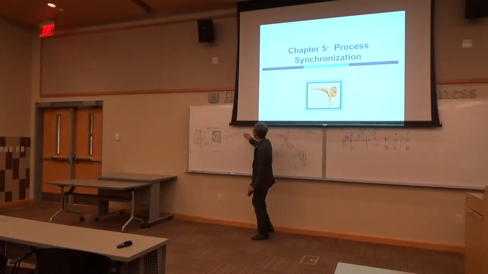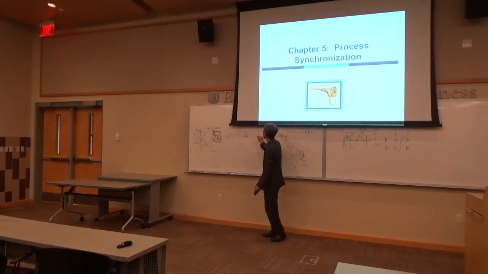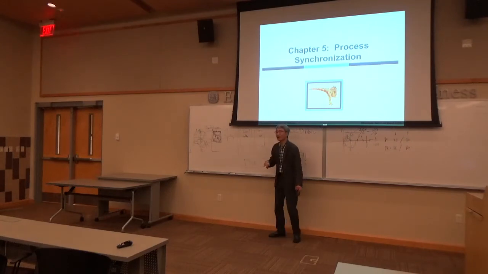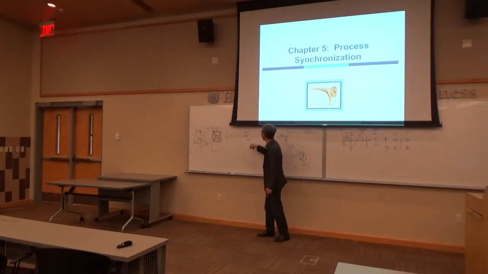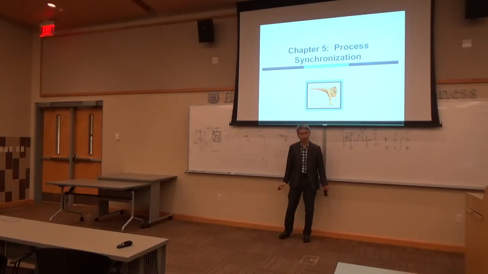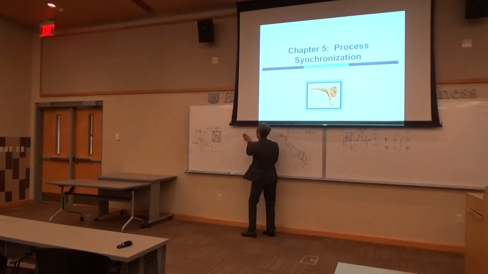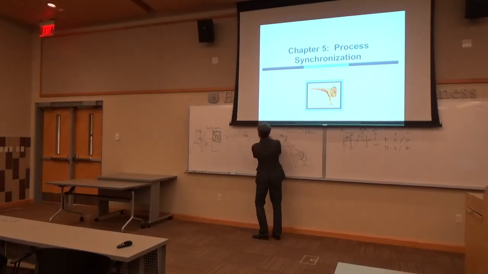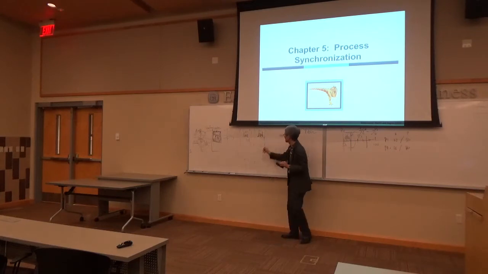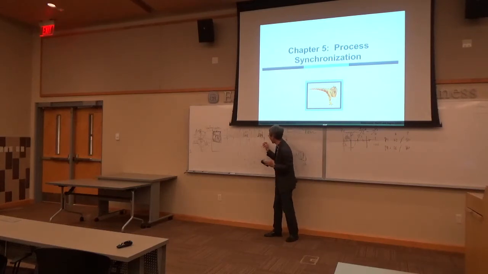So core number 1 would write add, and this one is minus. So this one is +1, this is -1. Increment, INC, and decrement -1. So +1 and -1.